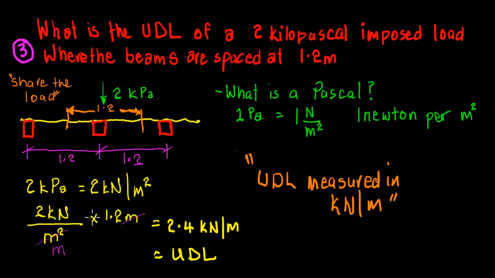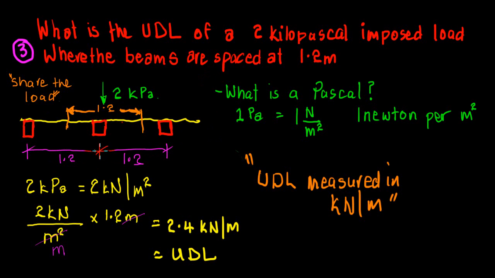So if we multiply 2 kilonewtons per metre squared by the 1.2 metres spacing, and cancel out our units, we get 2.4 kilonewtons per metre, which is equal to our UDL, because our UDL is measured in kilonewtons per metre.